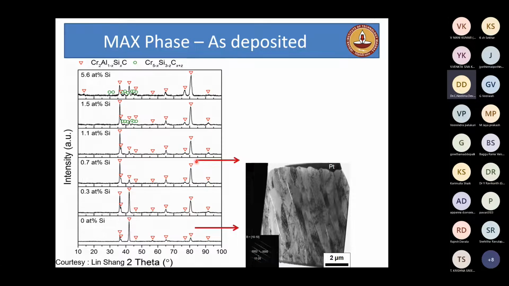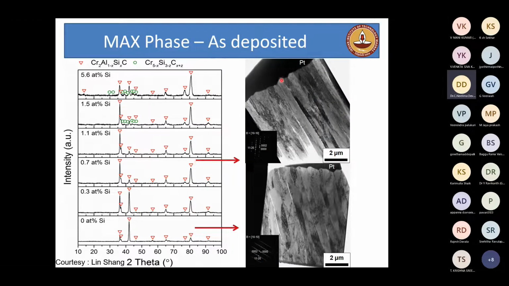Then you take this 0.7 atomic percent silicon alloy, then again the columnar grains are visible, and the diffraction pattern again indicates these are single phase MAX phase without indication of any nanoscale phases present inside because the grains are already nanocrystalline. Now if you compare the grain size, you see that between 0% silicon and 0.7% silicon, there is a minor refinement of grain size. That means 0.53 micron is the grain size that you get with 0.7% silicon.